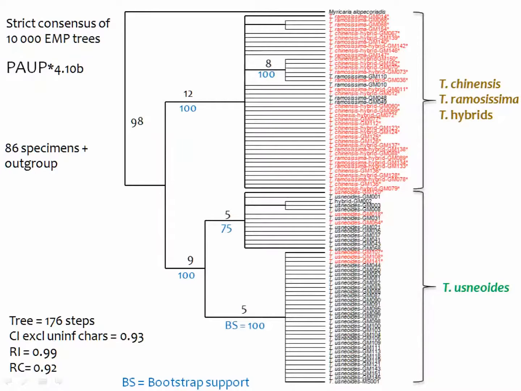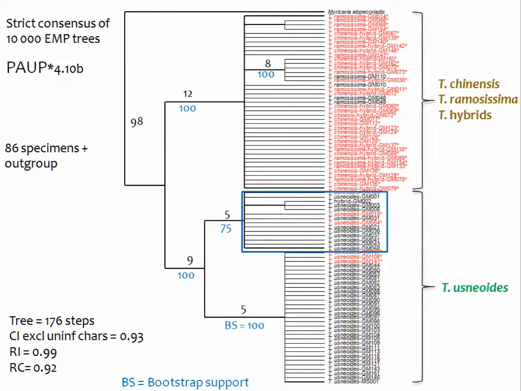As you can see now, all the chinensis, ramosissima, and hybrids are grouping in a clade which is well supported, leaving all the indigenous Tamarix right at the bottom in a different clade. And these individuals which were thought to be hybrids previously have all changed to be pure lines of the indigenous Tamarix.